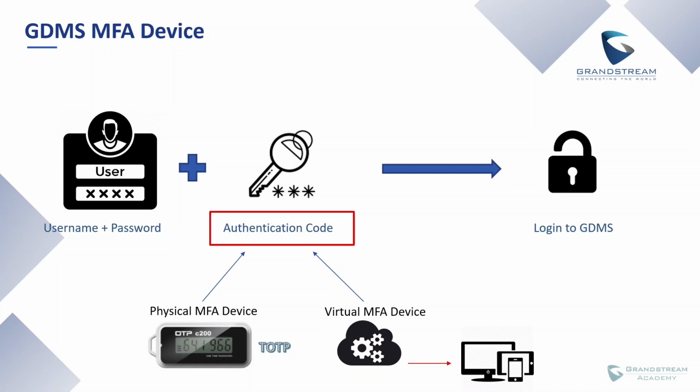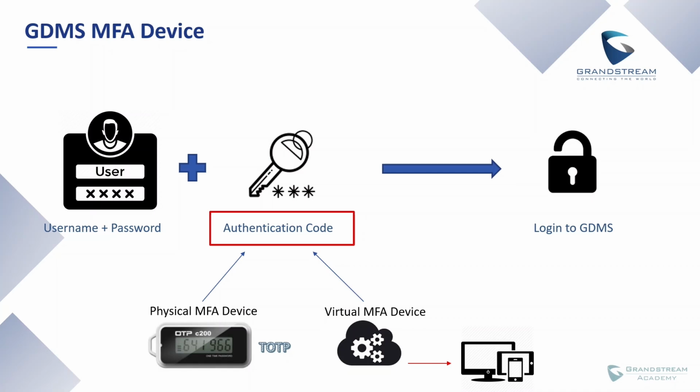The authentication code can be generated using one of these two methods, either using a virtual multi-factor authentication device, which is basically an application that runs and simulates the physical device on mobile phones and other devices. Virtual multi-factor authentication device will generate a 6-digit code based on a one-time time-synchronized cryptographic algorithm. So when the admin logs into the GDMS platform, the admin must type in the valid code from the specific device.